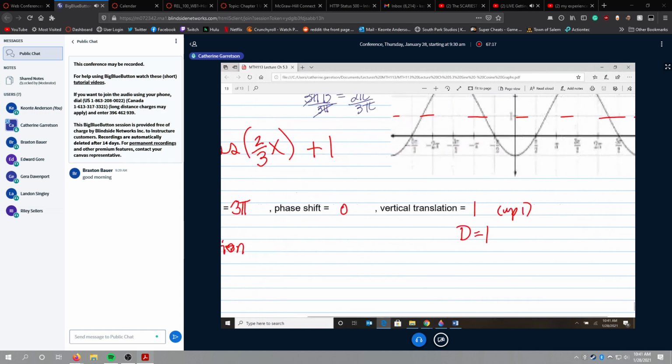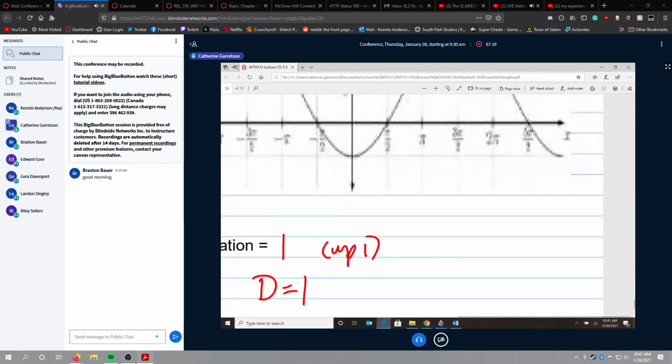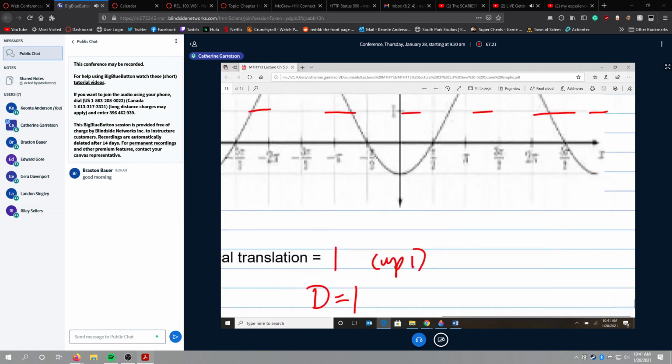Okay. When I was looking at the graph here, it's hard to see it, but one period is from the bottom of this to the bottom of this right here.